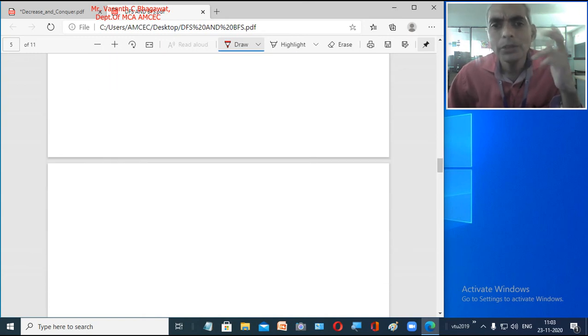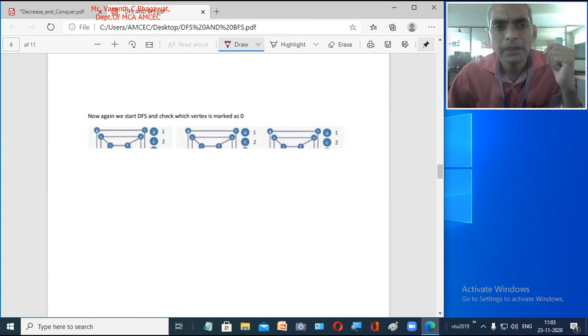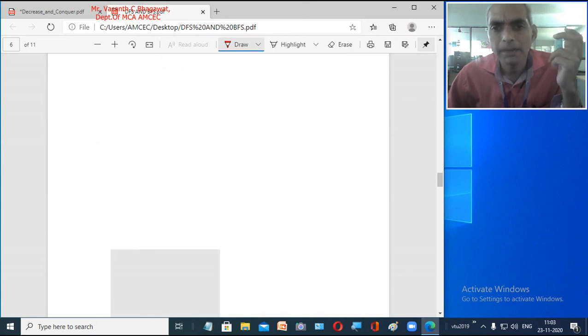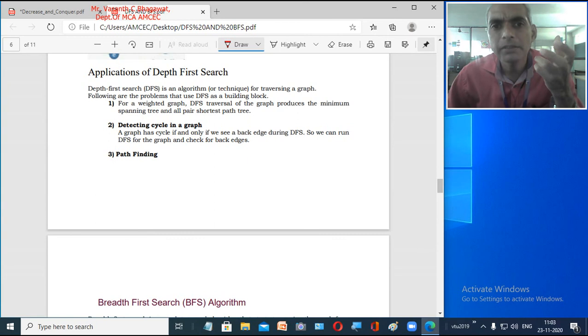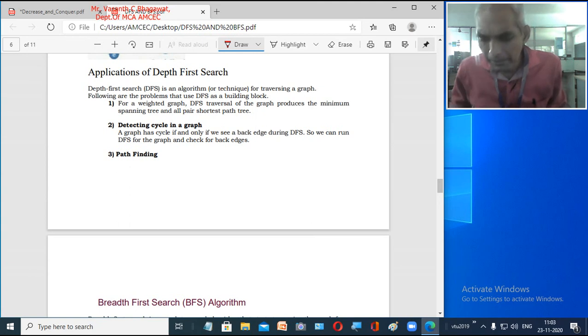Now if you look into the applications of DFS, what applications do we have? Why does this become very important? The first application: if the graph is a weighted graph, if the graph has some weights, then DFS traversal can be used to find the minimum spanning tree and the shortest path, right?